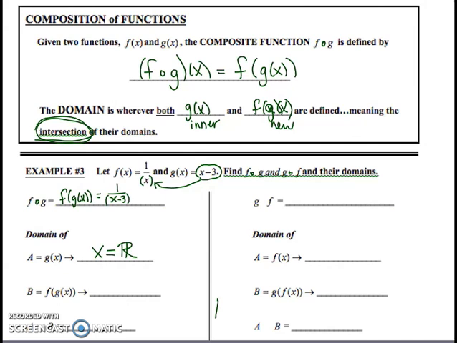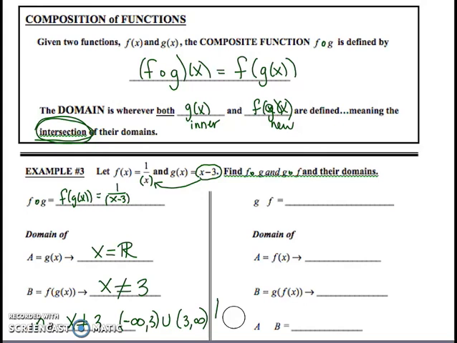Well, you have to be careful here because when we look at our composite function now, we can clearly see that because we replaced that x in the denominator with x minus 3, x cannot equal 3. Okay, that's going to be our intersection, the intersection of our two domains. And so we would either write that as x cannot equal 3, or in interval notation, the interval from negative infinity up to 3, union 3 to positive infinity.